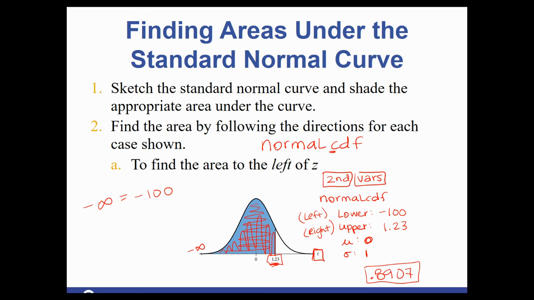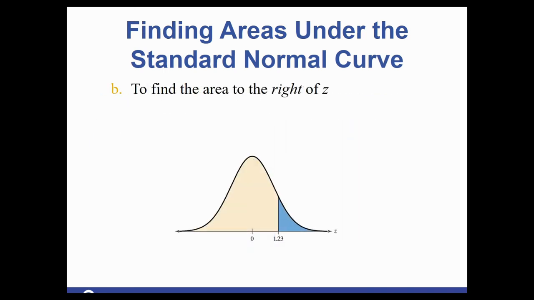Now, if we wanted the other side, we want to find the area to the right of Z. So over here, same thing. We're going to go second vars. We're going to select NormalCDF. For our lower this time, our left side, we are going to type in the 1.23.